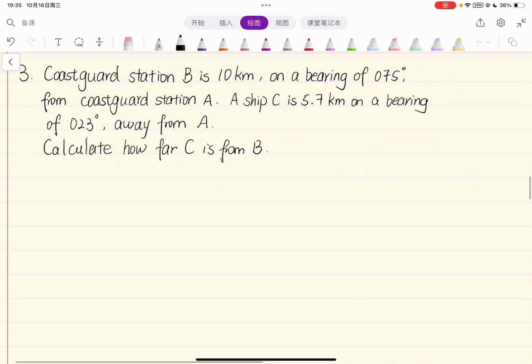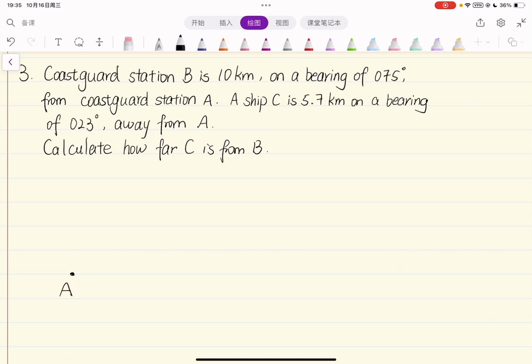Now let us draw the diagram and label it. So we know that there is a Coast Guard station. So we say this is station A. Now the station B is 10 km on a bearing of 075 degree.